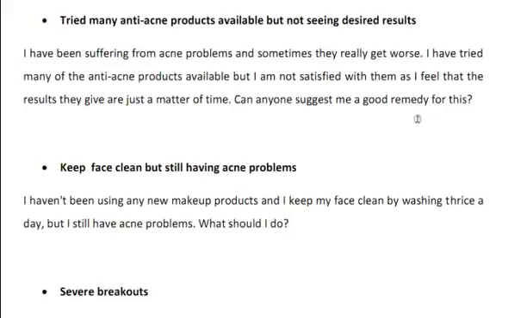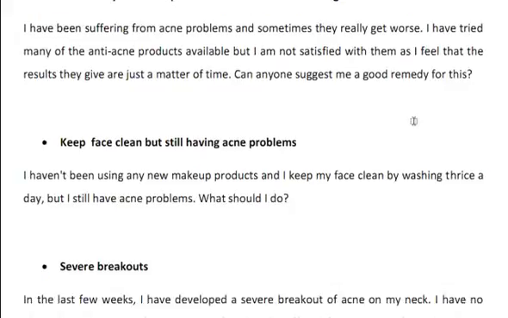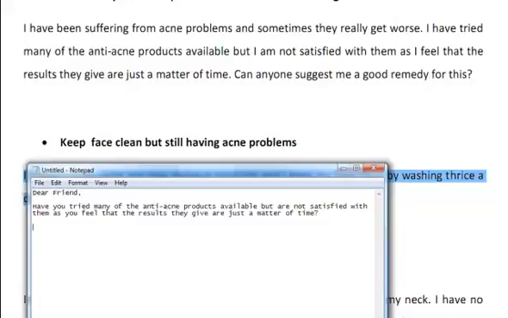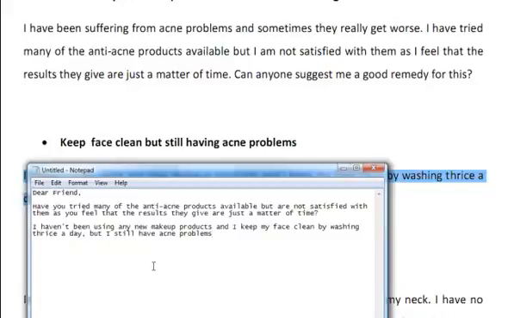So let us take a look at the second problem to see if you can include this in our sales copy. So I just copy it and paste it into the sales copy draft, and see how I can rewrite them.